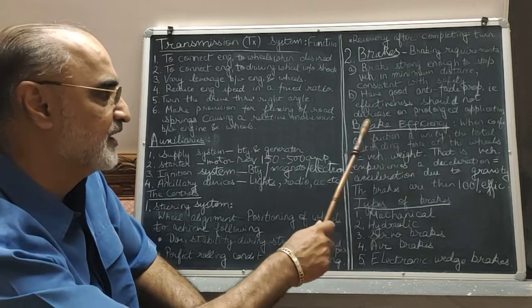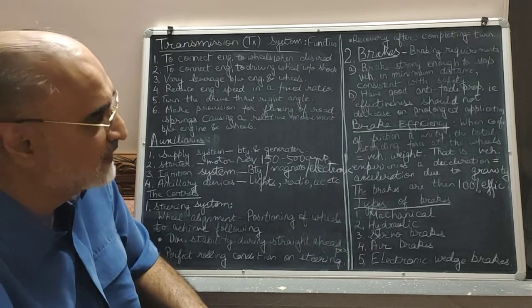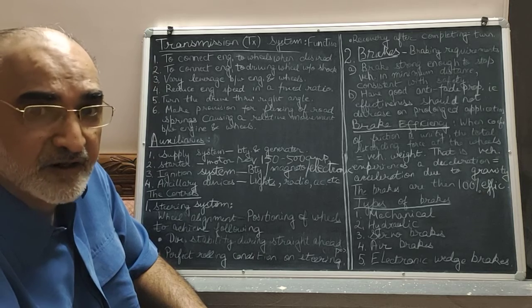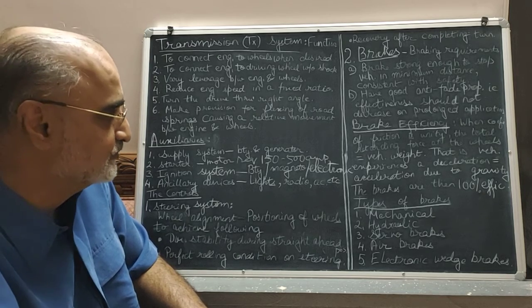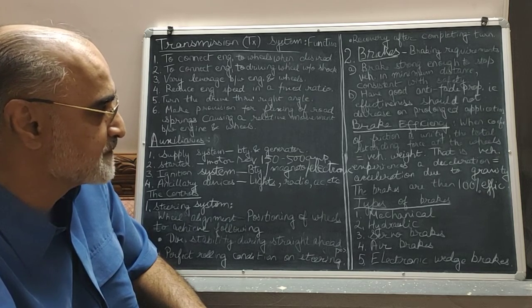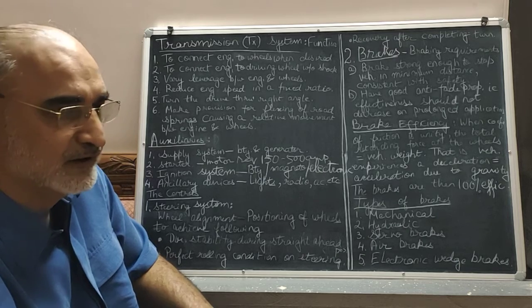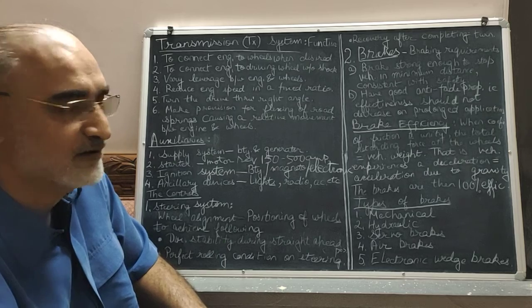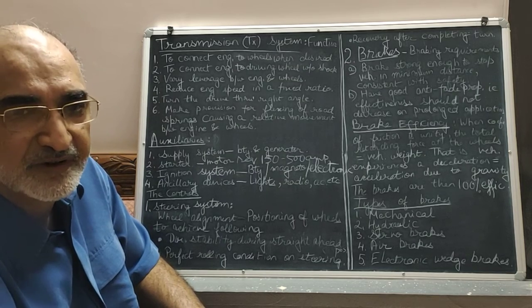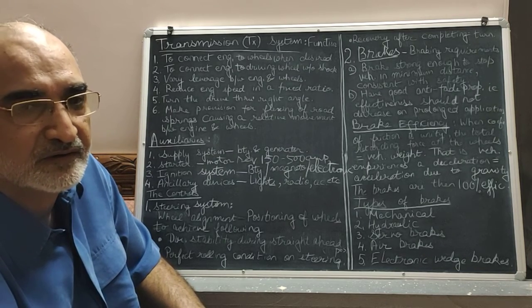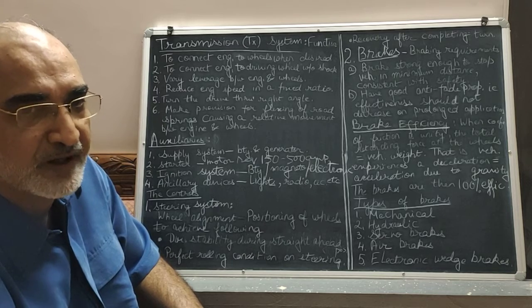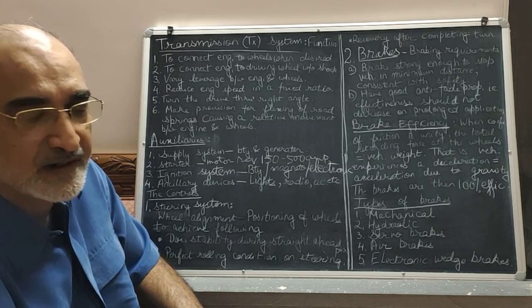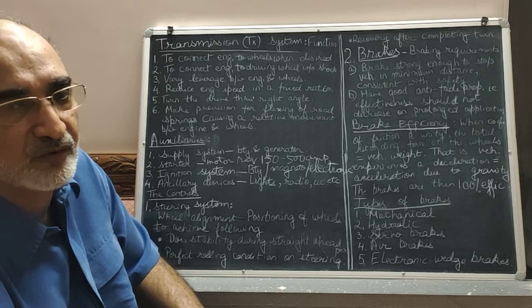This is not fully achievable, but if it can give an increased life, it is desirable. After some time, generally 30 to 40,000 kilometers in a car, the brake linings need to be changed depending upon the driving habits of the driver. If he brakes too often, the brake linings will get worn out quicker.